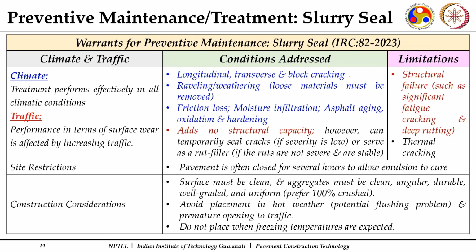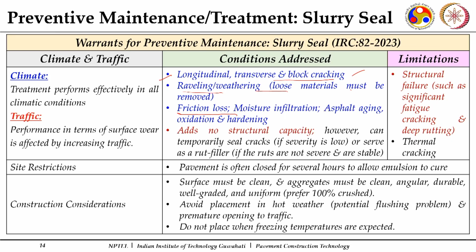The other conditions which can be addressed as per our codal requirements: longitudinal, transverse and block cracking can be addressed by this, as well as raveling, weathering, loose materials, and frictional loss. Now here we have an aggregate application.